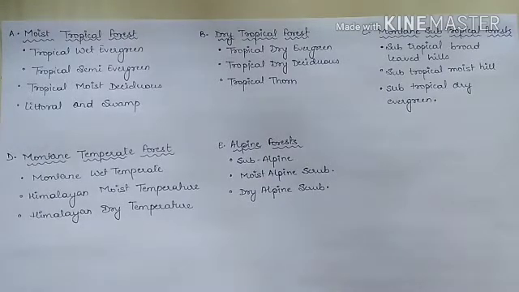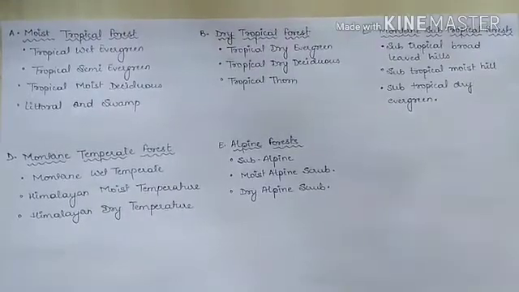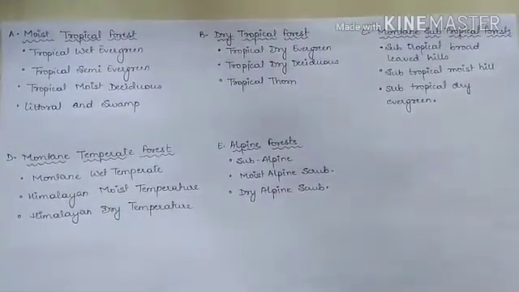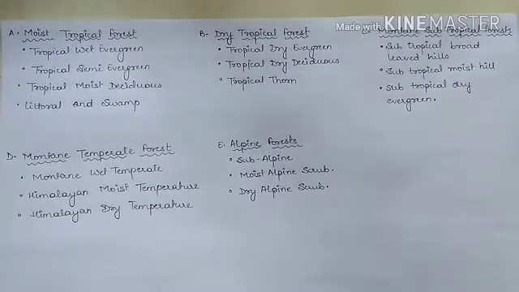Next is tropical semi-evergreen. Tropical semi-evergreen is found in the bordering areas of tropical wet evergreen forest, and they are comparatively drier areas. Here the rainfall ranges between 250 to 200 centimeters, a bit less than the tropical wet evergreen.